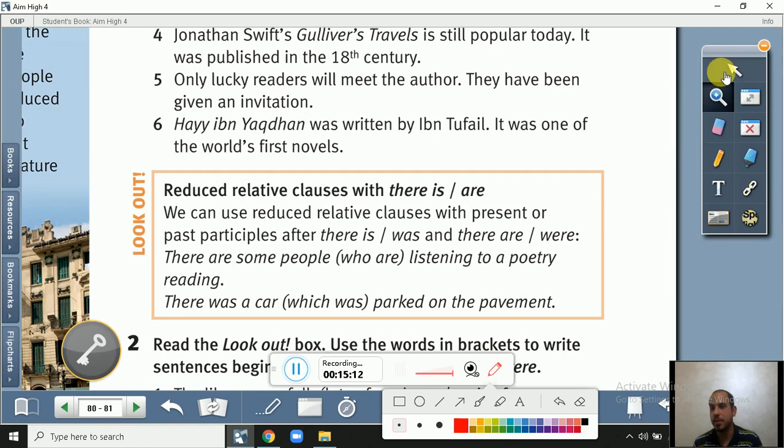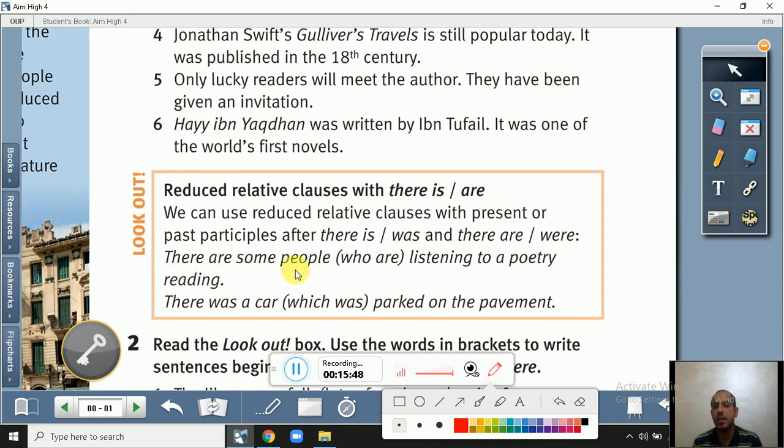The past participle is the third form of the verb. So, for example, play, played, played. The third played is the past participle. So, with the present or the past participles, coming after there is or there was, and there are or there were, I can reduce the relative clause. Let's read this sentence.